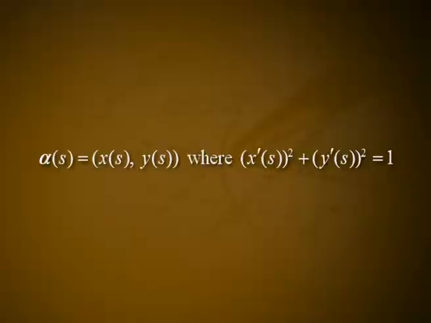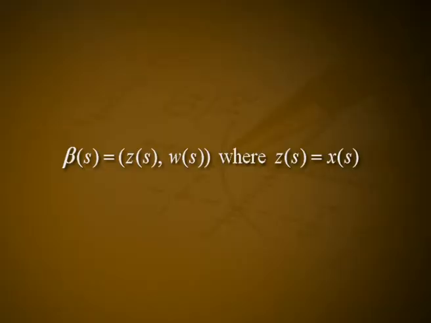Since both the length and the area enclosed by alpha are independent of parametrization, we may assume alpha is a unit speed curve. Alpha may then be written in the xy coordinates as alpha of s is equal to x of s, y of s, where x dash of s whole squared plus y dash of s whole squared is equal to 1.